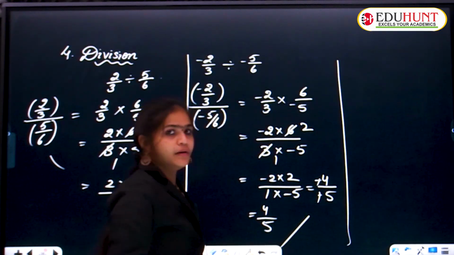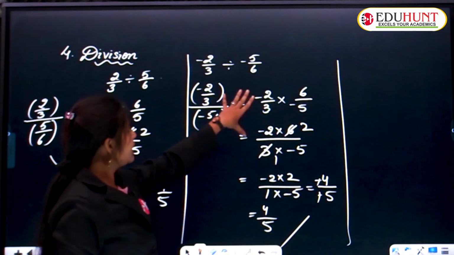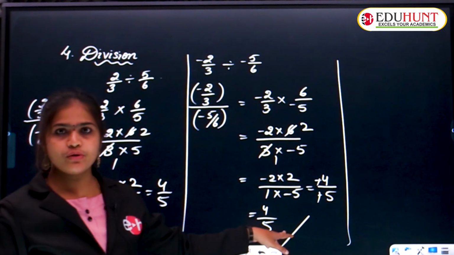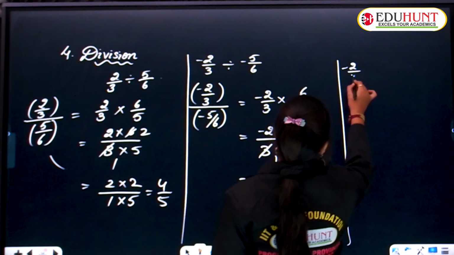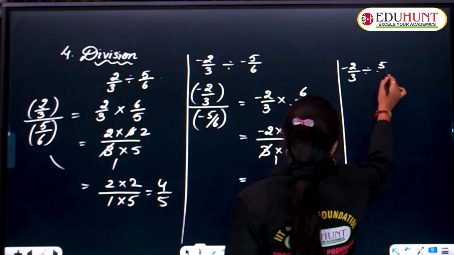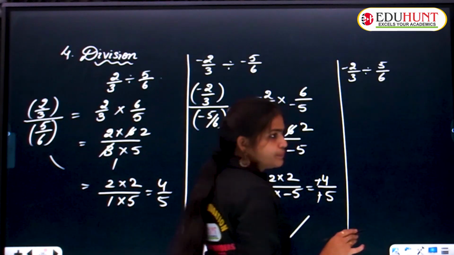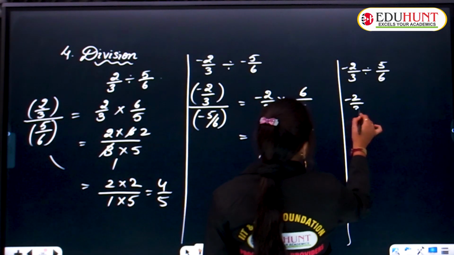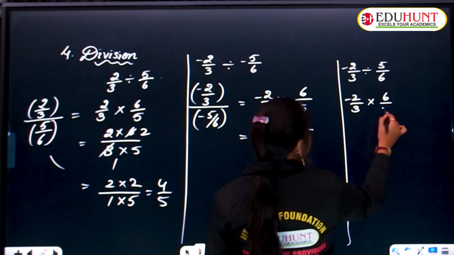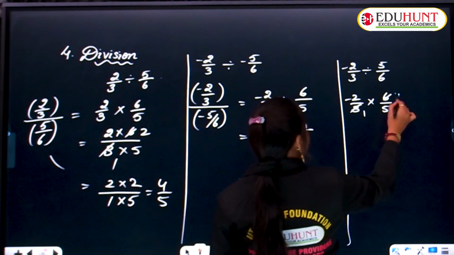Now see that the division of two negative rational numbers is also positive, you got it, right? Now the division of one positive rational number and one negative rational number. One positive, one negative. Then what will happen? Here see that minus 2 by 3, directly I am writing this as 6 by 5. 3 ones, 3 twos.